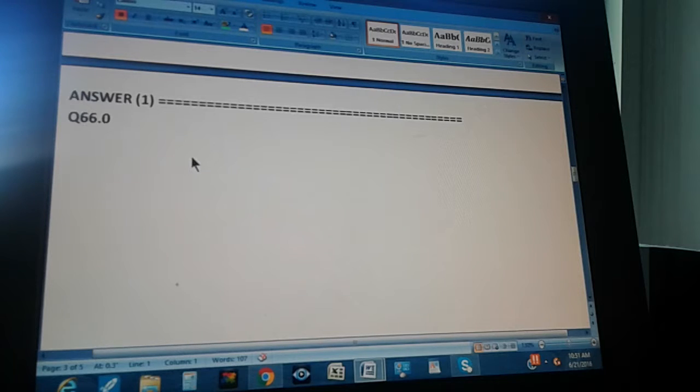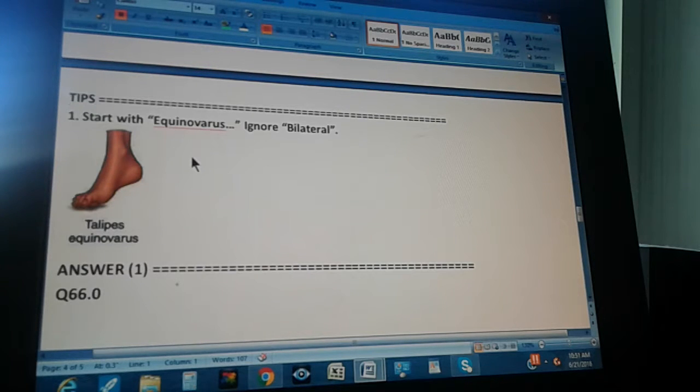If you got it, congratulations. If you didn't get it, let's give you a tip. You start with equinovarus, and you ignore bilateral. Don't start looking for bilateral because you won't find it in the index, and you won't find it in the tabular.